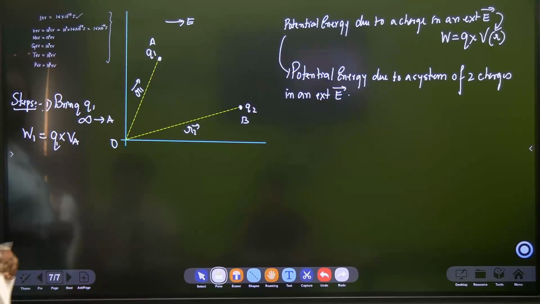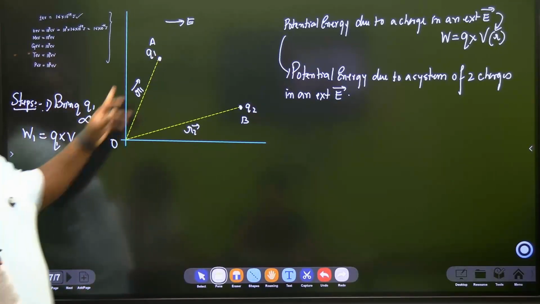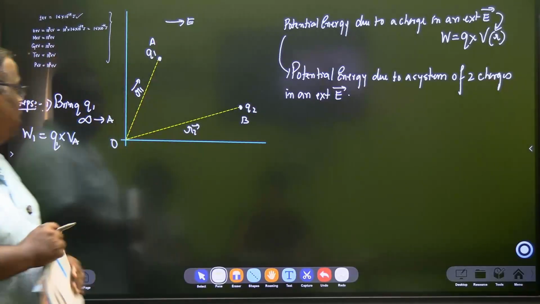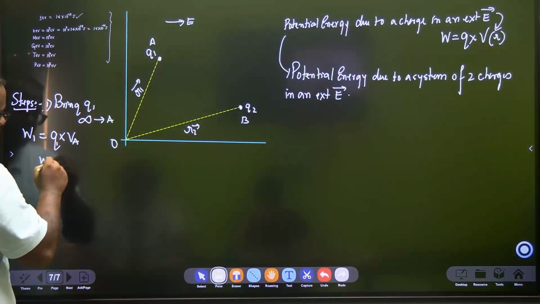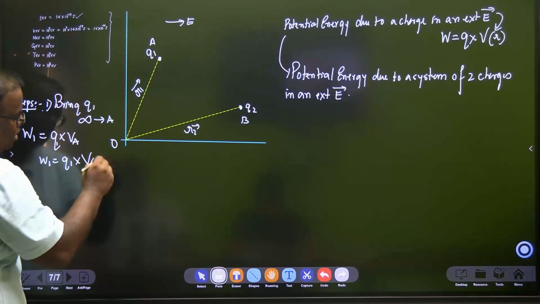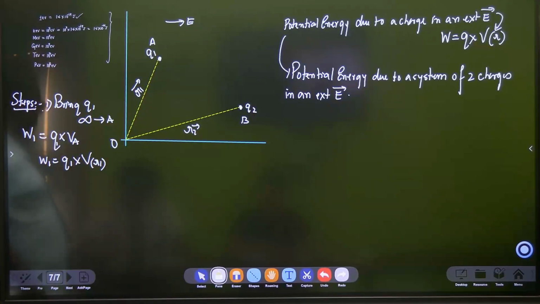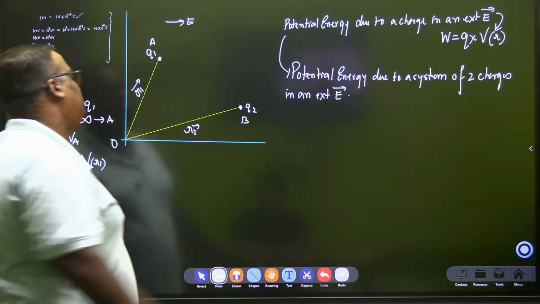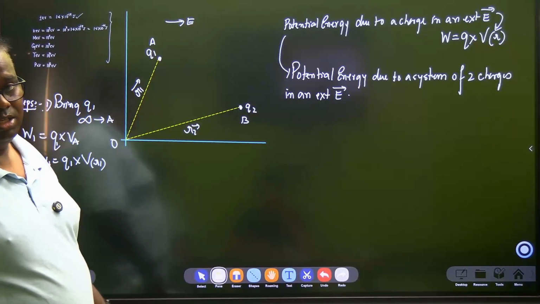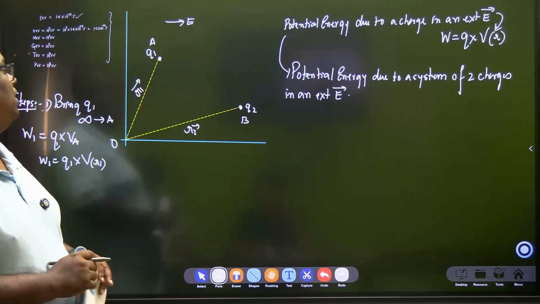What is the potential at A? The potential at A is due to the electric field which is already present out here. So I can write W1 as Q1 multiplied by the potential at R1. Have you understood this? Once you have brought Q1 to A, now Q2 has a dilemma. Q2 is going to feel the effect of both.